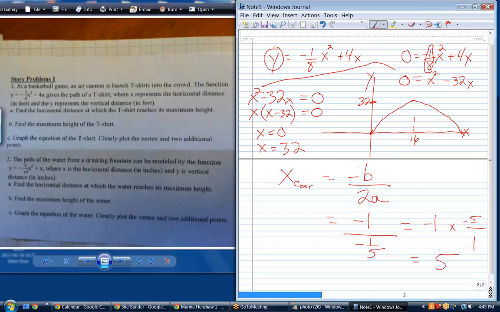Okay? You got 16 in the first one by doing exactly the same thing. You divided 4 by 1/4 and came up with 16. This was the same thing. Okay, so 5 is the answer to part A of the second question.